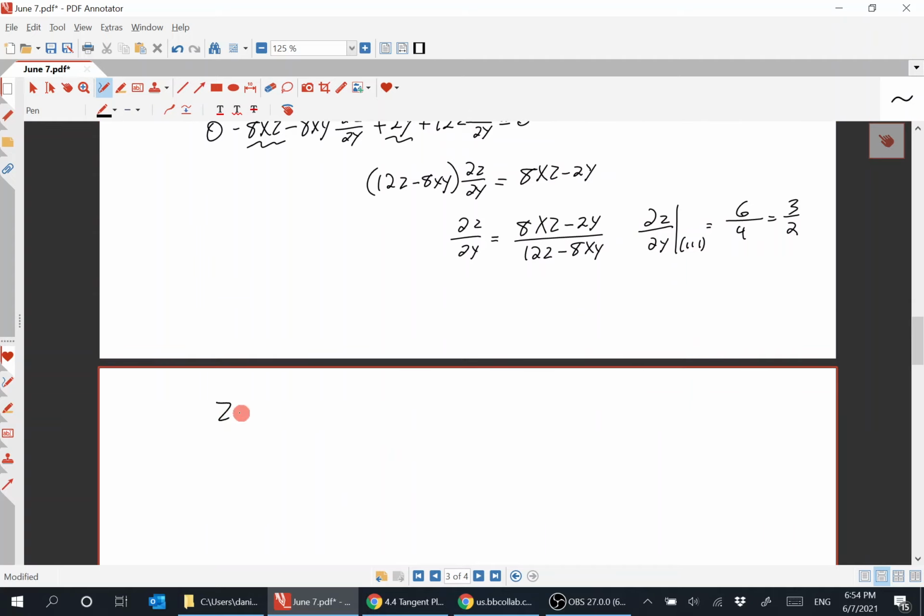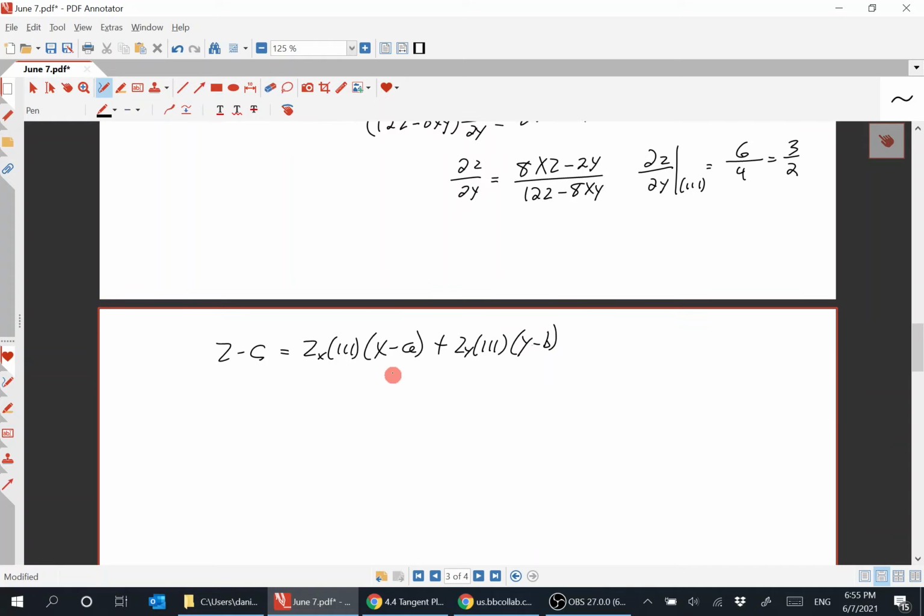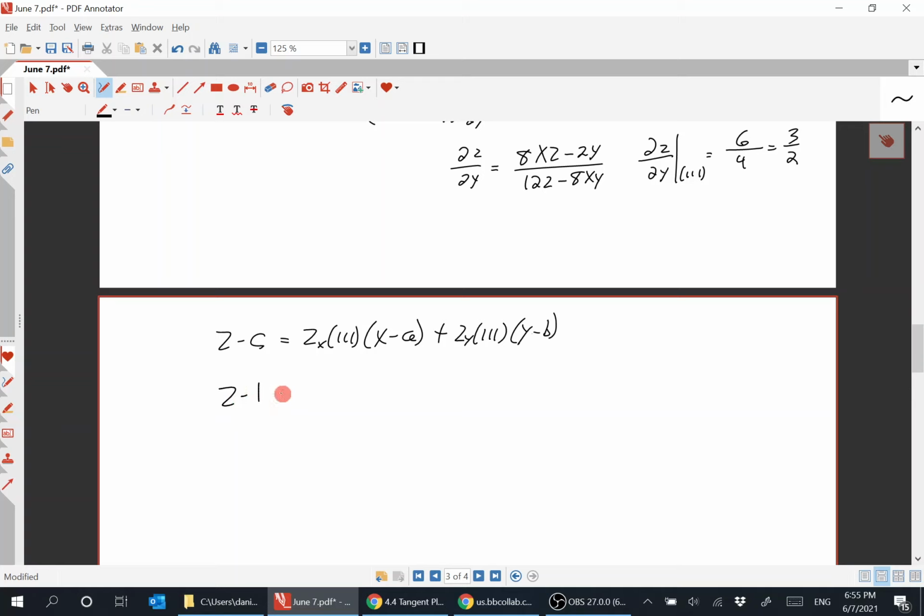So the tangent plane: z minus c equals zx at 1, 1, 1, times x minus a, plus zy at 1, 1, 1, times y minus b. All right, so z minus 1 is equal to, and these numbers are both 3 halves, a, b, and c were 1, 1, 1.